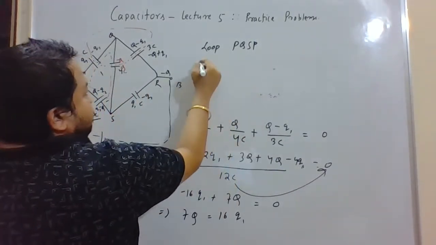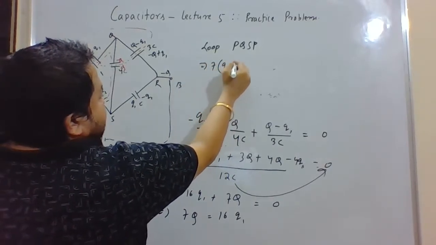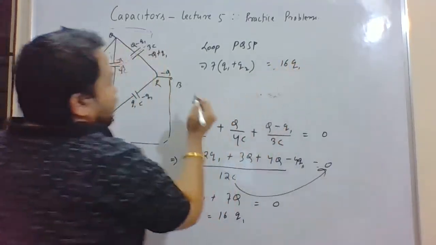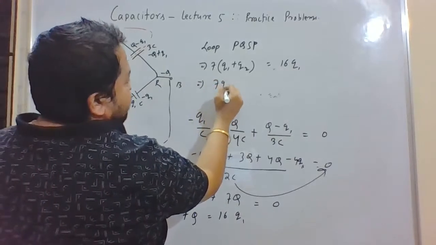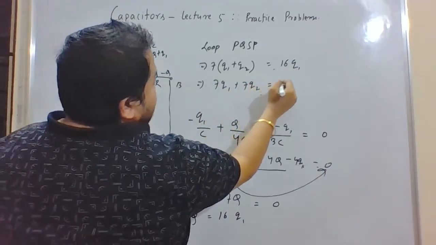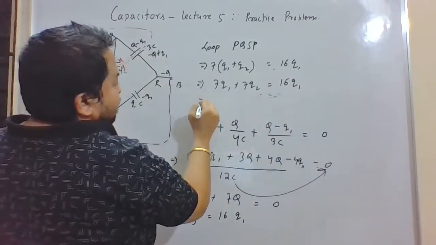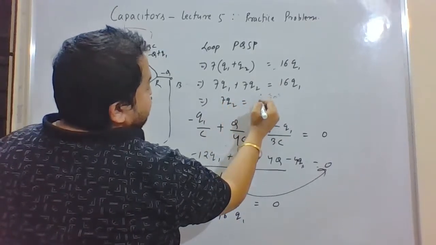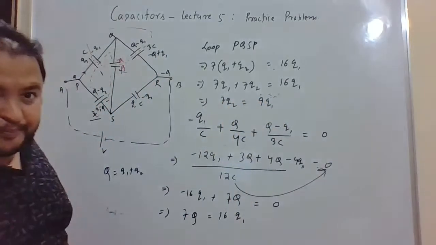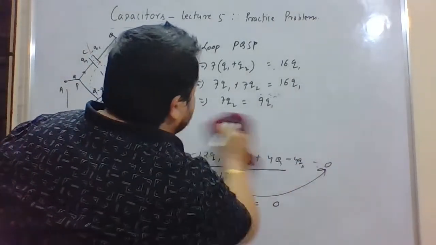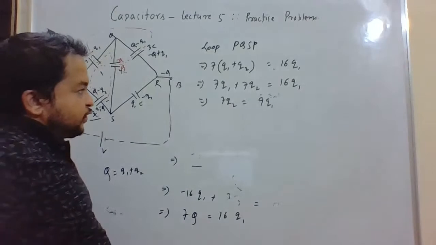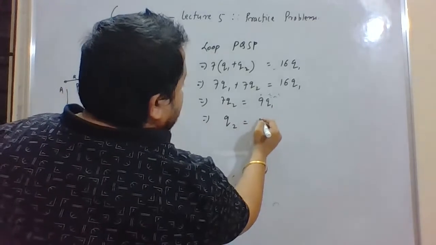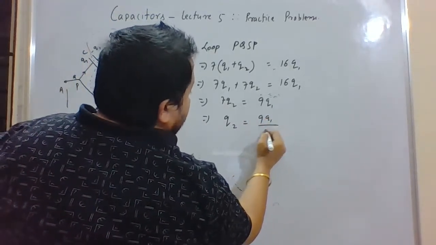Q is nothing but Q1 plus Q2, so 7 into (Q1 plus Q2) equals 16Q1. By solving it further, 7Q1 plus 7Q2 equals 16Q1, and 7Q1 goes to the other side, so 7Q2 equals 9Q1. Obviously then Q2 equals 9Q1 by 7.